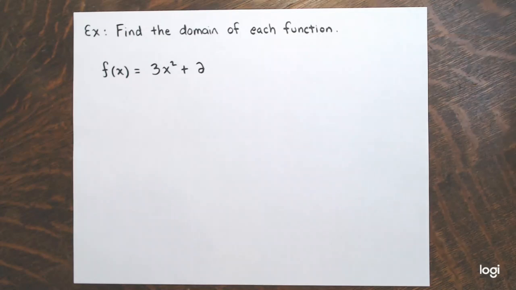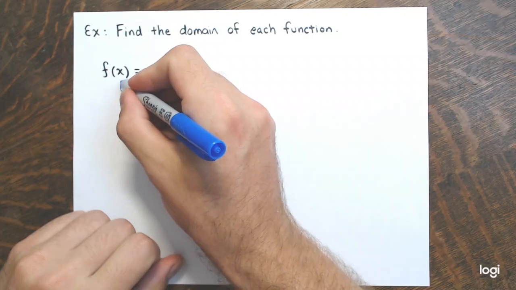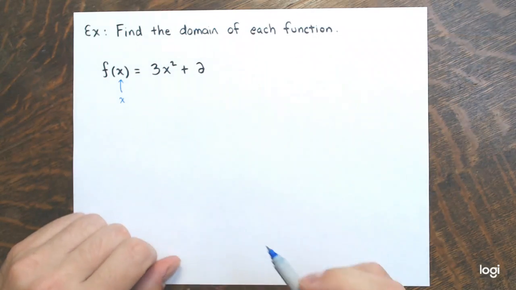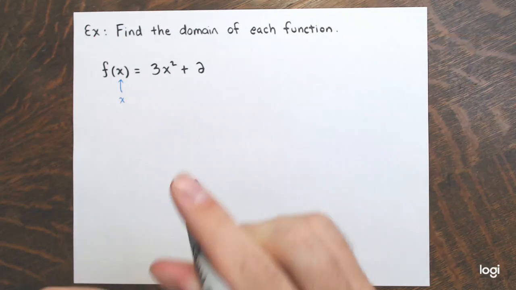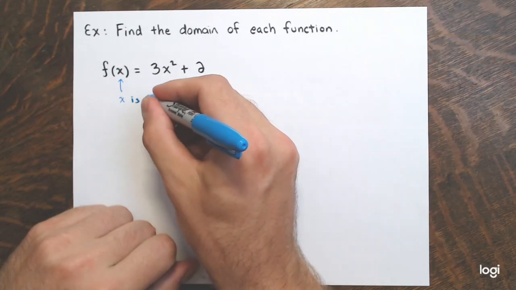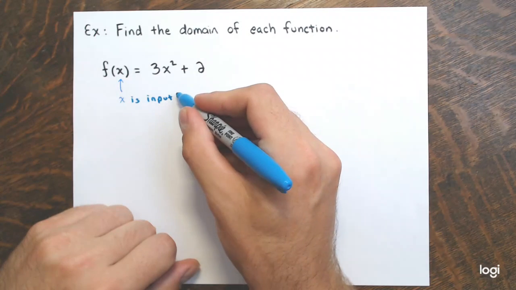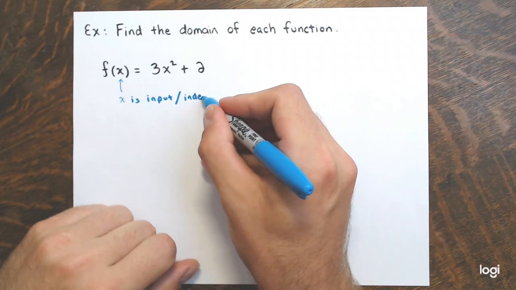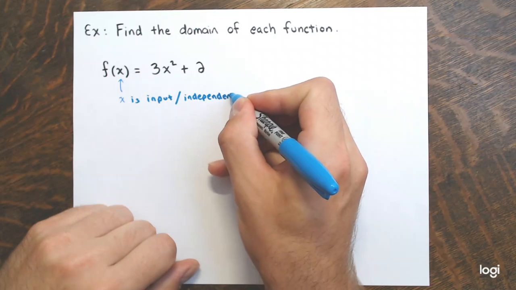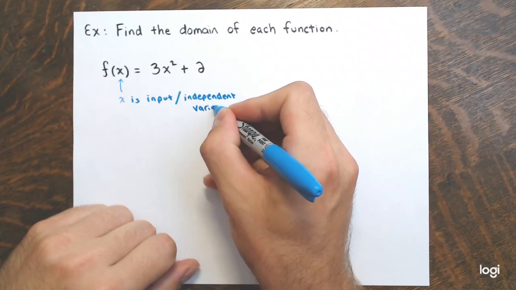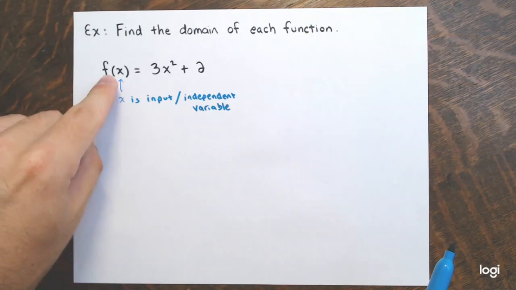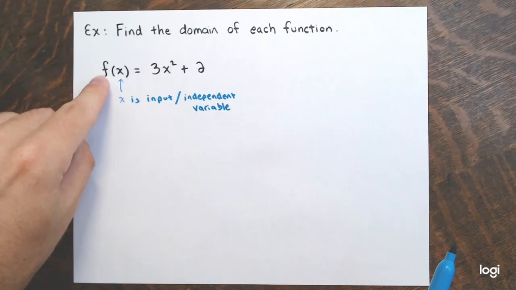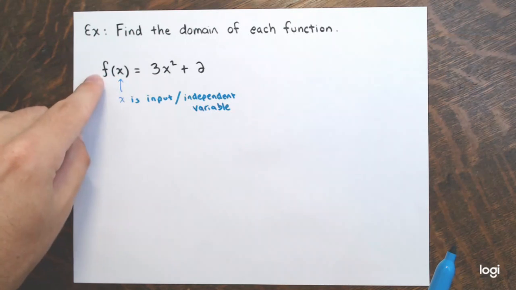If you remember a little bit about the notation, what all this means is that my variable x, the x in there, is the input value or the independent variable. So x is input/independent variable. And this notation here is the value of f, this function we're calling f, at x, or f of x.